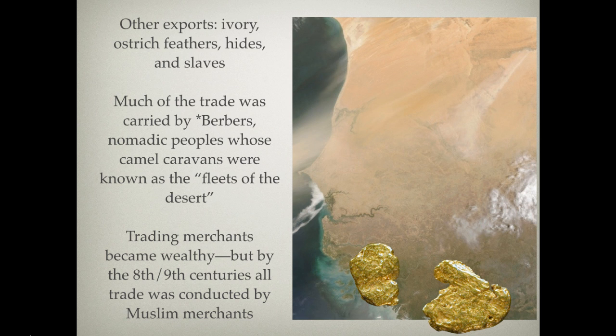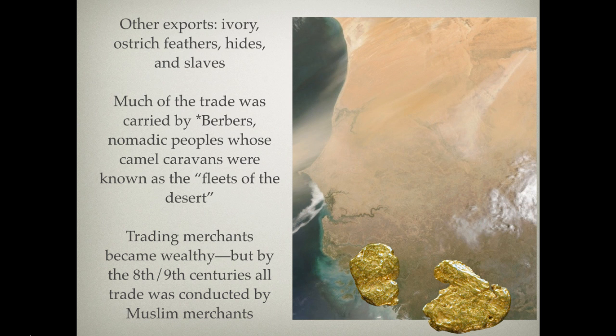Now, these Berbers, who had been later converted by Muslim invaders, were nomadic peoples who used camel caravans to cross the Saharan desert. And they went in great numbers, often referred to as fleets of the desert, massive groups of camels, a caravan trade that really was characterized by fleets of ships.